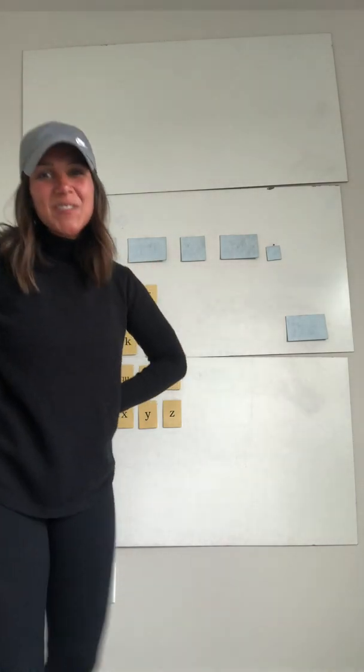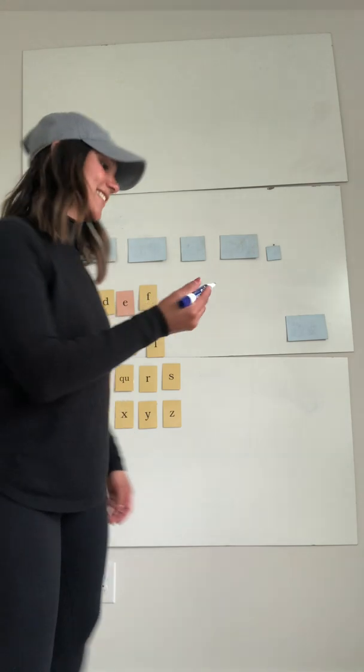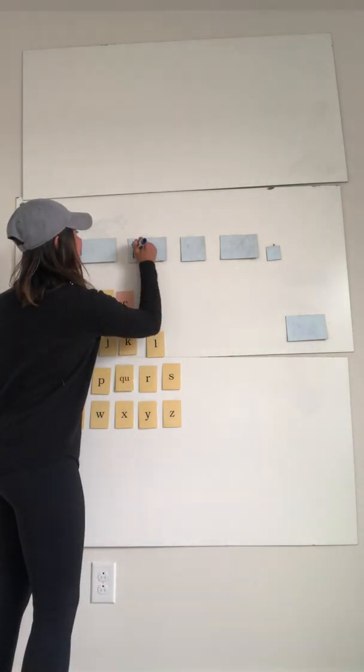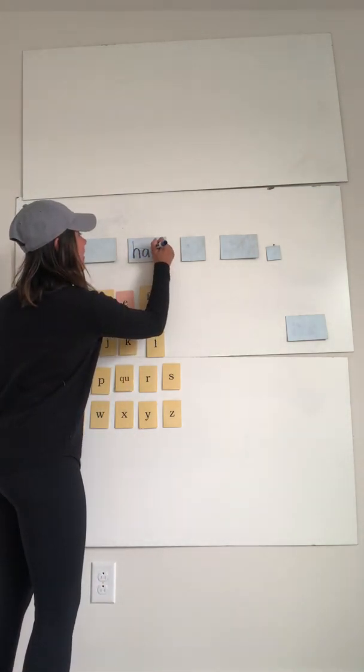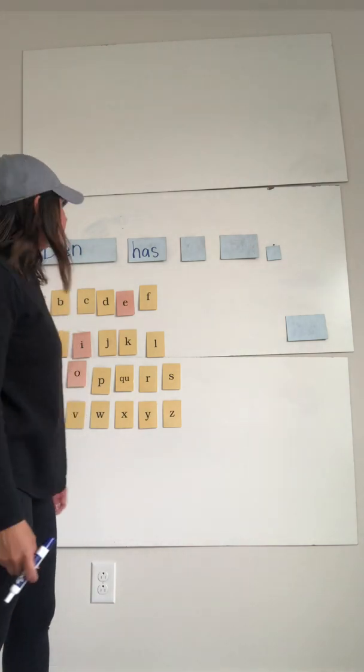And you know what? You should know how to write this already because has is a what? A sight word. Good. Has is spelled H-A-S, has. Say that with me. H-A-S, has. H-A-S, has. Go ahead and write that on your paper.